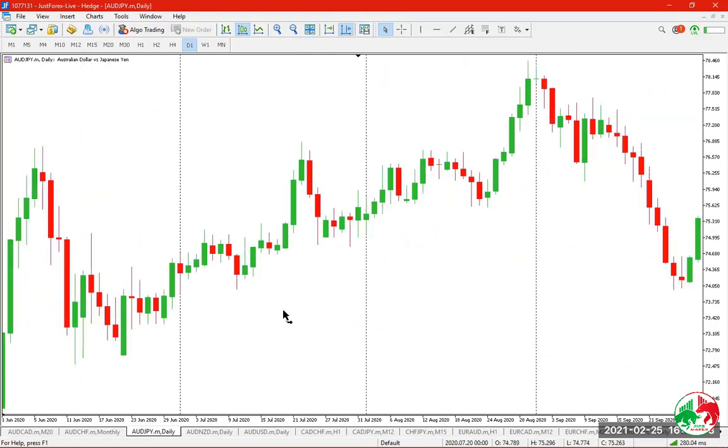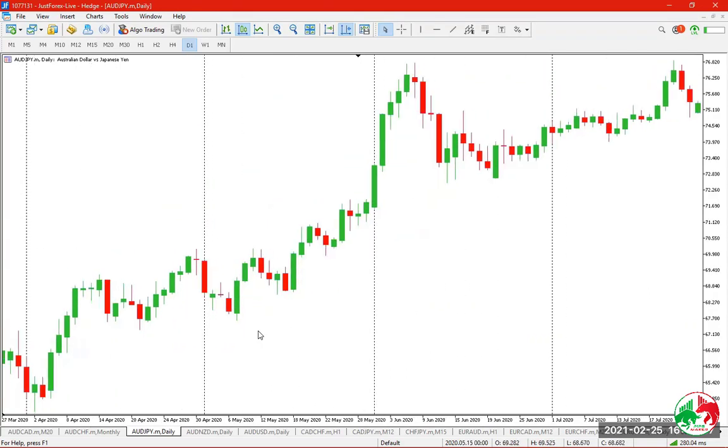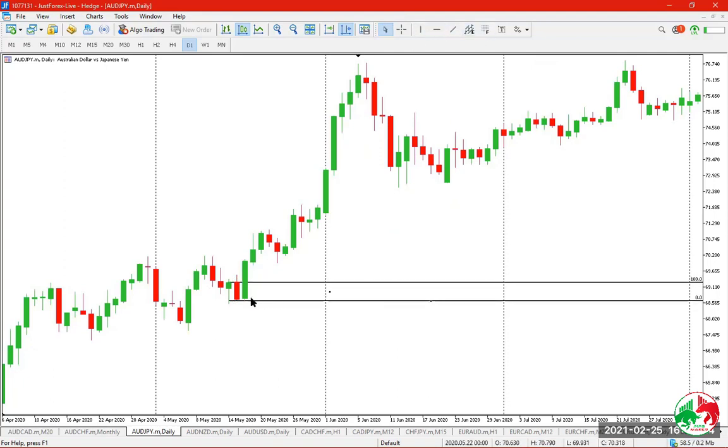Okay. So let's find another example. This was also a clean imbalance, because it took only one candle. This would be a drop base rally. Yes, this is a drop base rally.